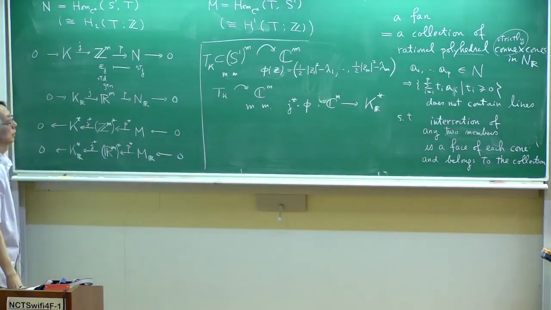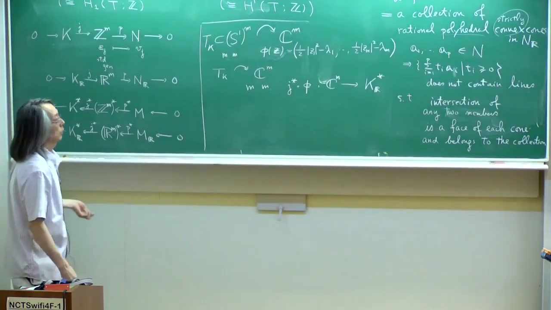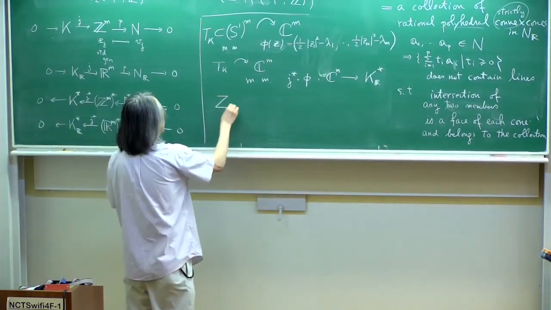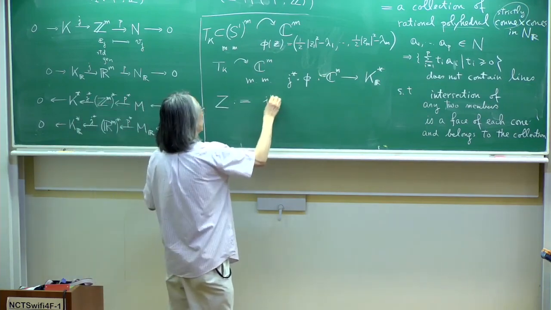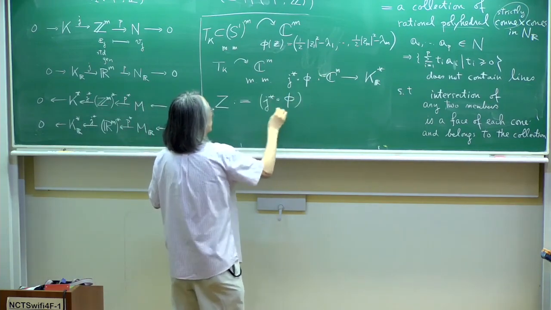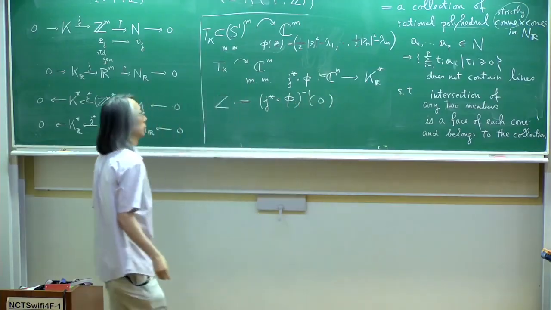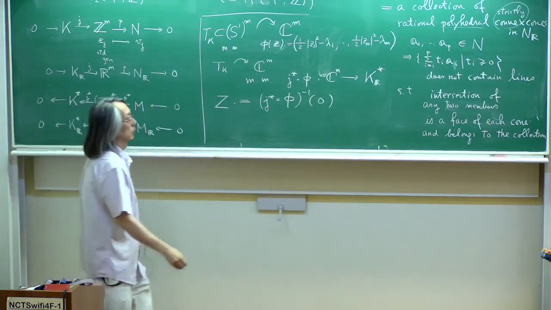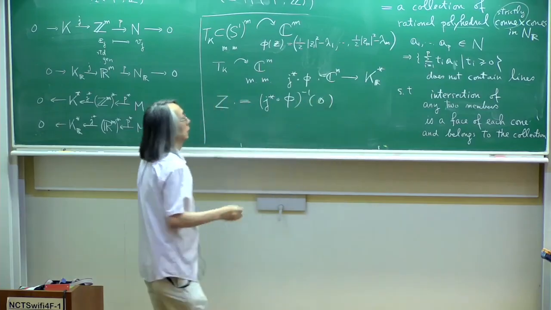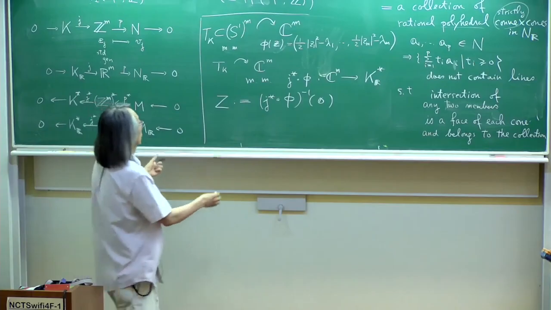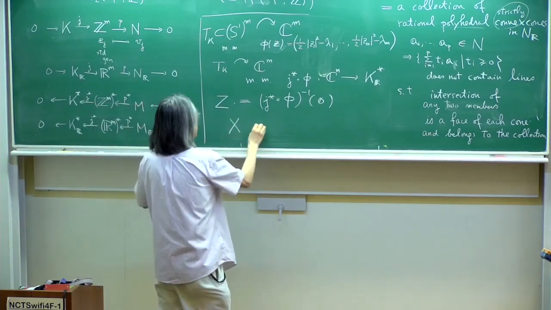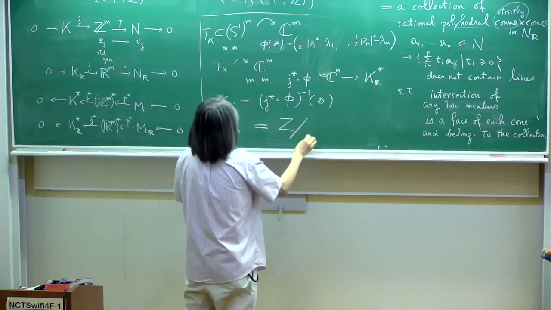Okay. So now I denote by Z, it's actually this one, just a level set. And after this T_K acts, we can get X, which is actually Z over T_K.